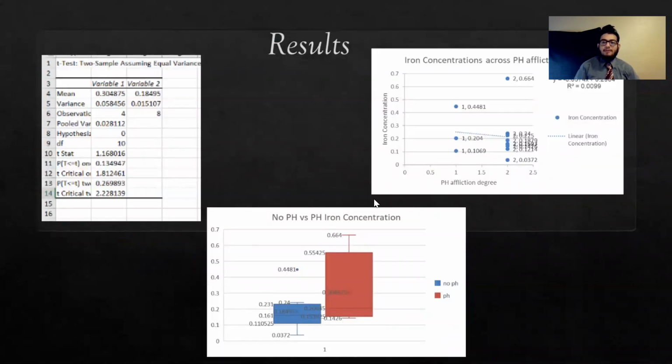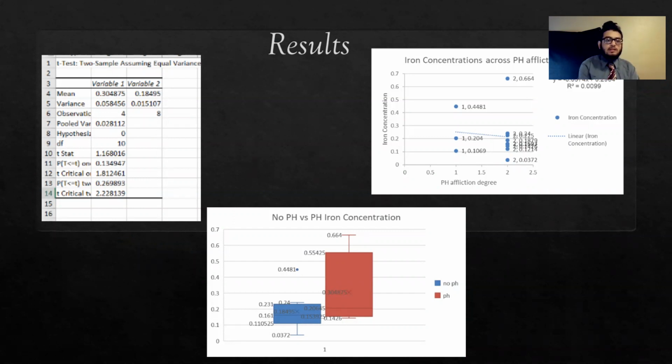For my results, after analyzing the extensive amount of quantitative data that I was able to get from the XRF, I ran that through a student's t-test and came to the conclusion that the probability of those groups being different was not very likely.